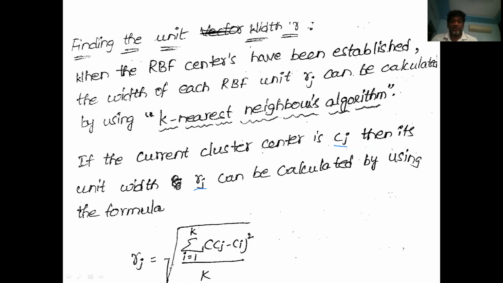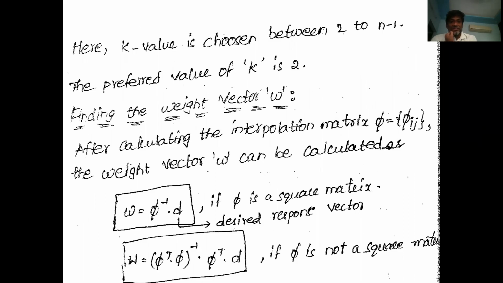Now let us reveal what these terms Cj and Ci are. We know that Cj is the current cluster center, and with the remaining centers we need to identify the difference between the present cluster center and the remaining centers.